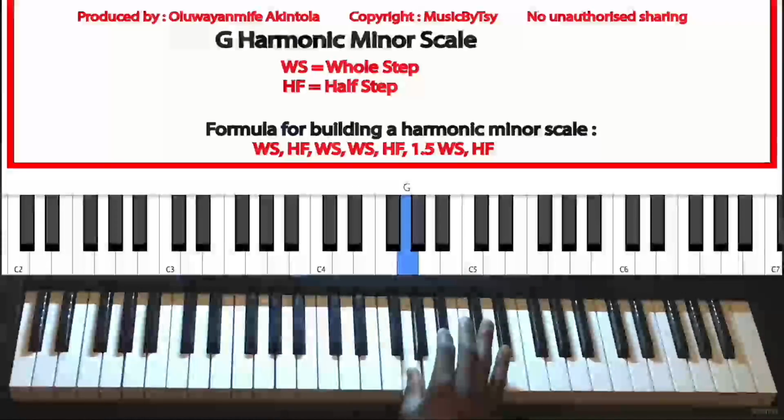So let's use the second method, which is by using the formula to build the G harmonic minor scale.